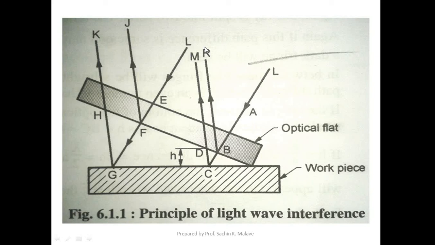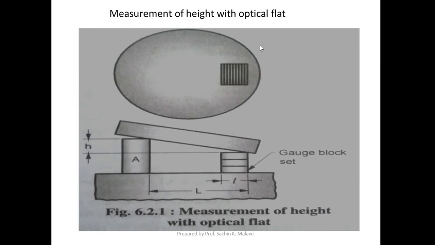So we are going to get alternate layers of dark band, white band, dark band, white band. I will show you one here. You can say this is a fringe pattern. So this is one dark band, white band, dark band, white band. The distance between two adjacent dark bands is lambda by 2, isn't it?